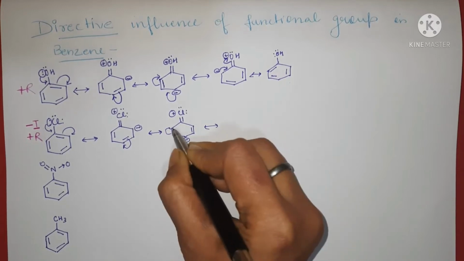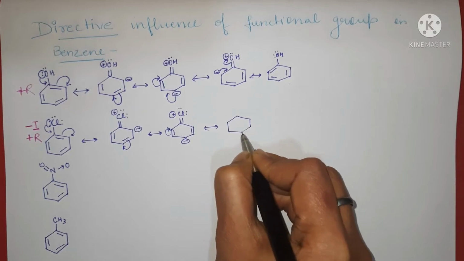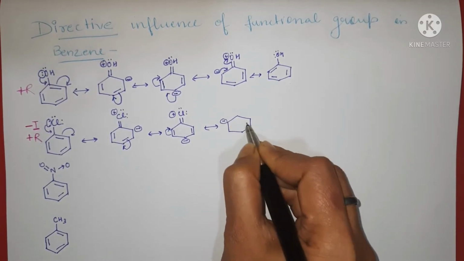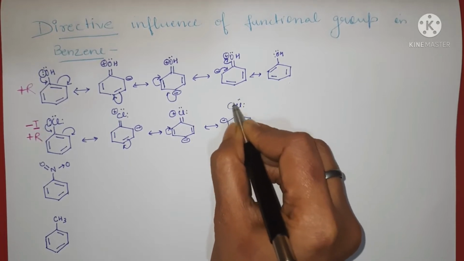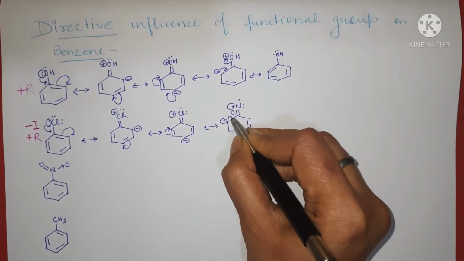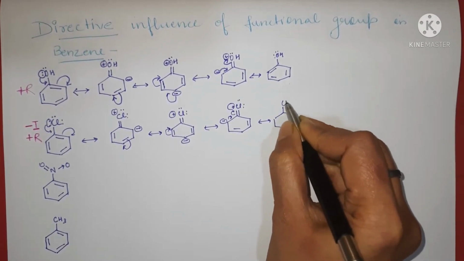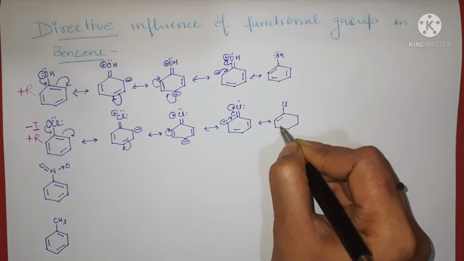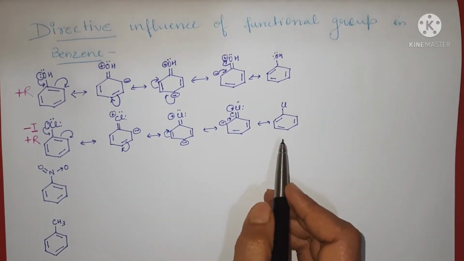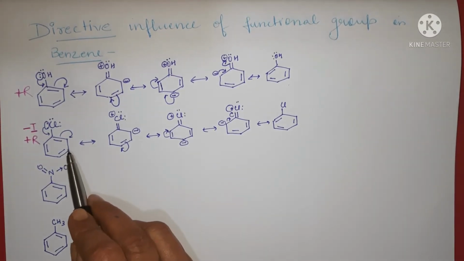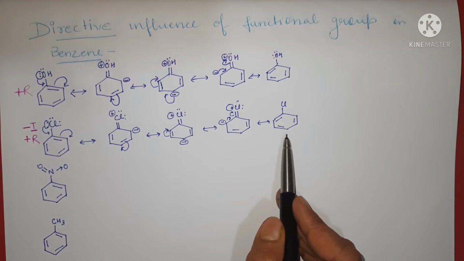Again there is a shifting of these electrons onto this carbon. Then we will have a negative charge on this, a double bond here, chlorine with a positive charge. Then there is a shifting here, and we get this. Okay, again, this is the resonating structure. You can see in the first and the last structures there is a shifting of double bonds here.